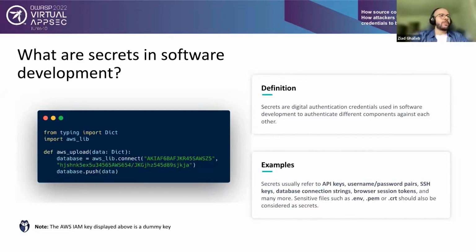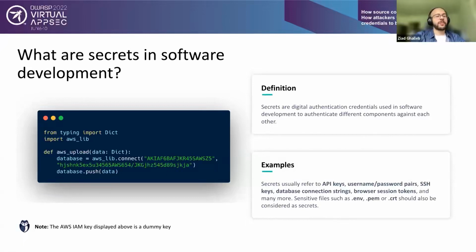As you can see in this example, we have a hard-coded AWS key, and of course this is a dummy key, so don't try pinging the AWS server. We'll talk in this conference about how these keys should not be hard-coded in Git repositories and how they end up exposed.